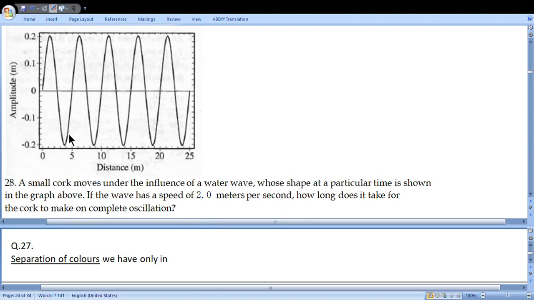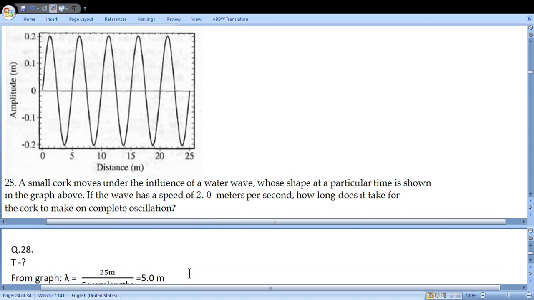To find period we need frequency. To find frequency we need speed, which is given, and wavelength. So wavelengths we can find because we have here 1, 2, 3, 4, 5 complete waves covering 25 meters. It means that one wave will be 25 by 5 meters.